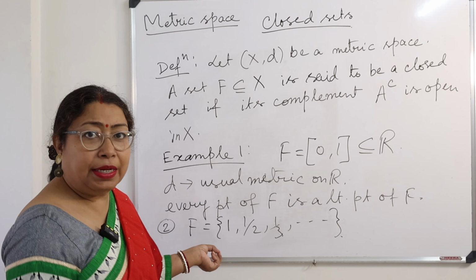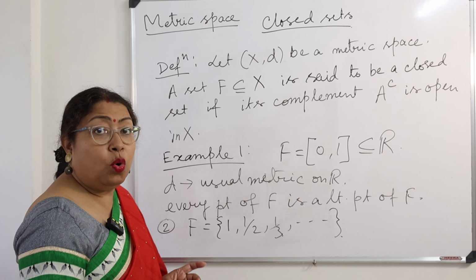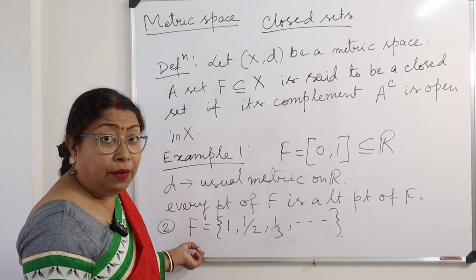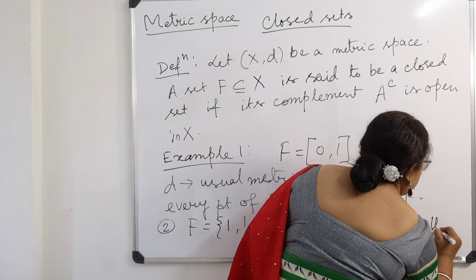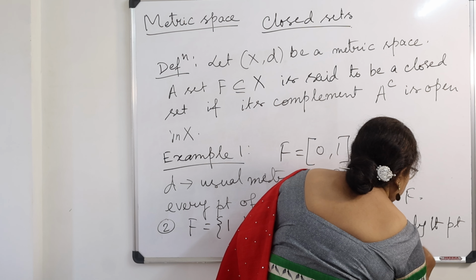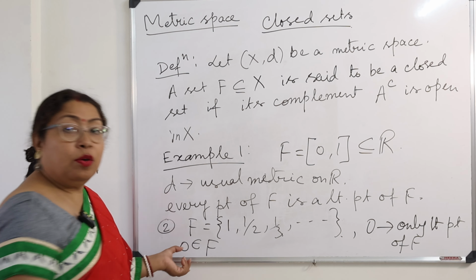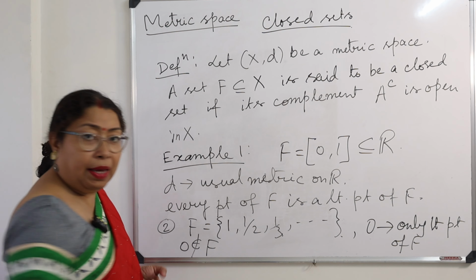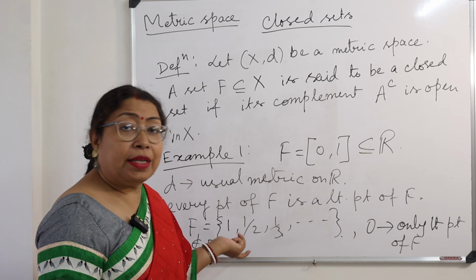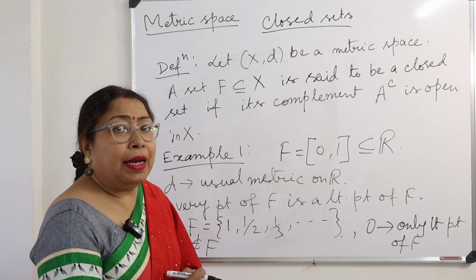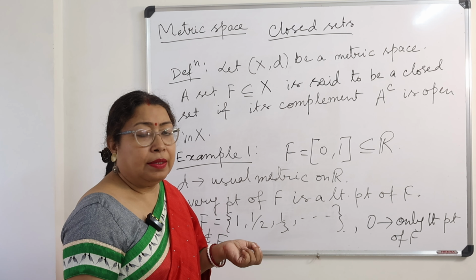This is an infinite set, and you know that the only limit point of F is 0, which is not a member of F. Note that 0 is not in F. Considering these two examples, we can realize that a limit point may or may not belong to the set.